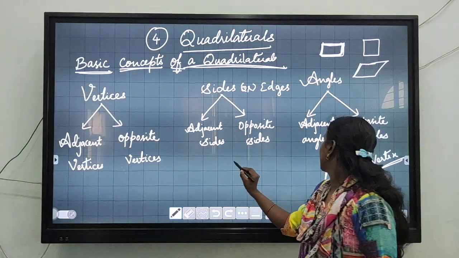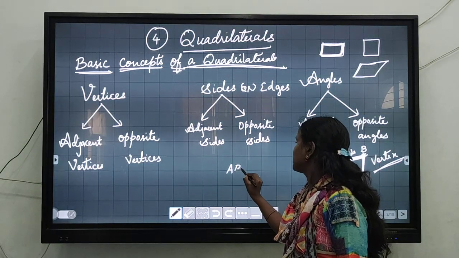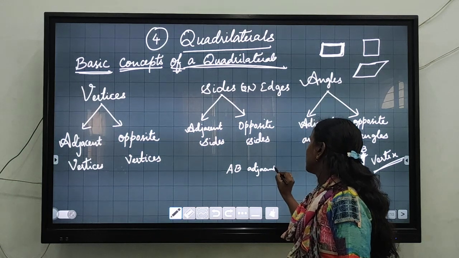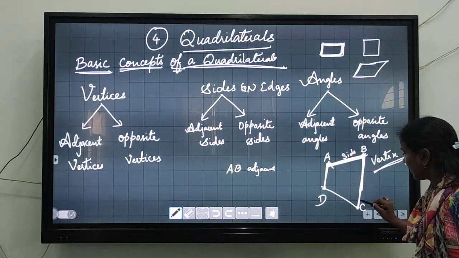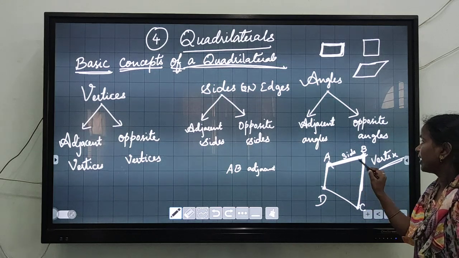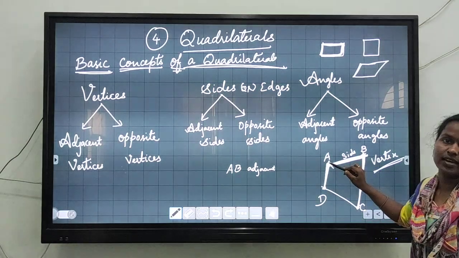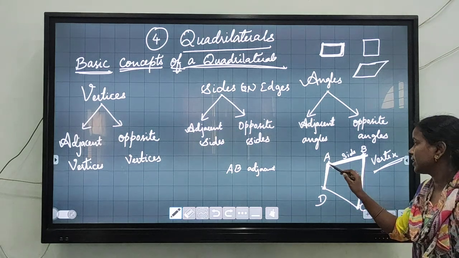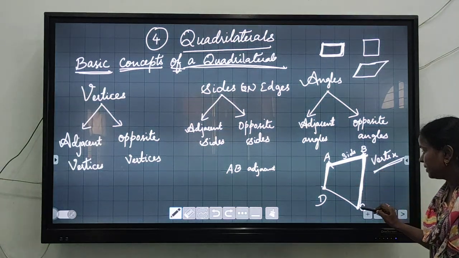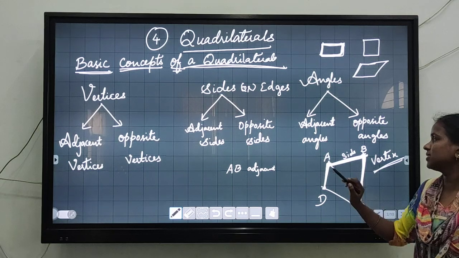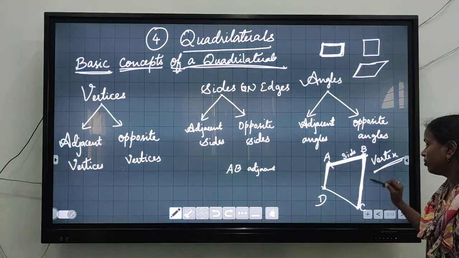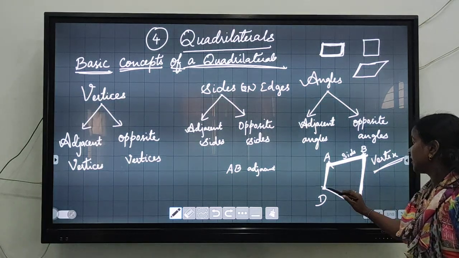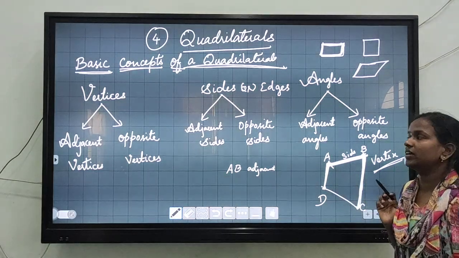We can write AB is adjacent to BC, or AB is adjacent to DA, because this is the next side. Instead of next we are using adjacent. AB is adjacent to BC, BC is adjacent to DC, CD is adjacent to DA.